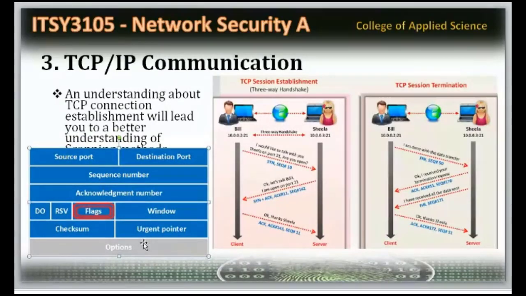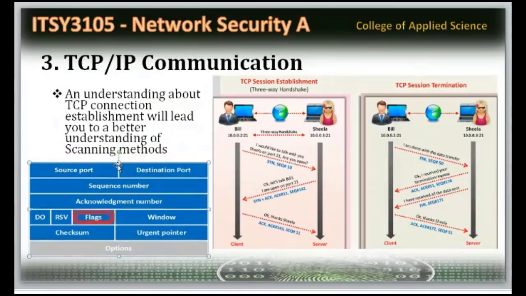In the TCP header, you can see the source port number and the destination port number, which are used in layer 4. In the TCP header, we have a very important field. The name of the field is called flags.